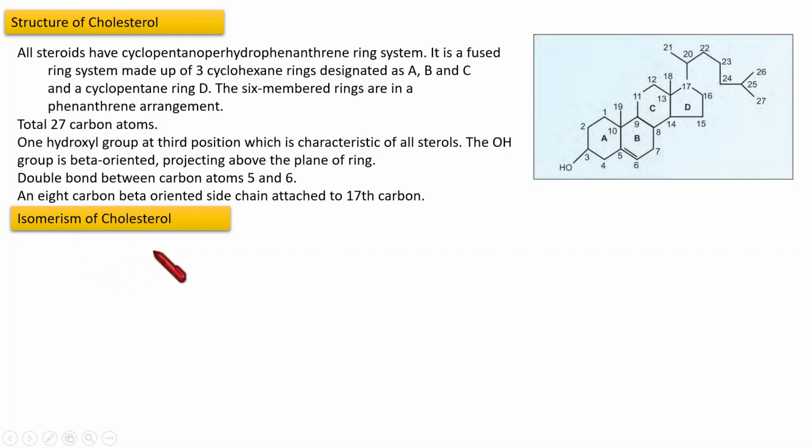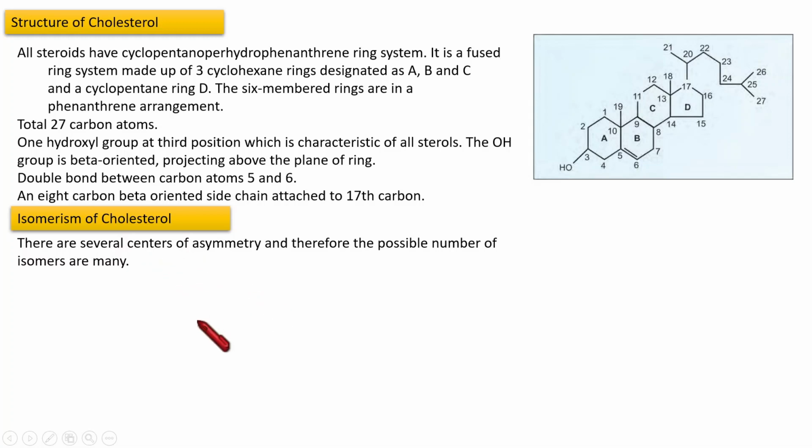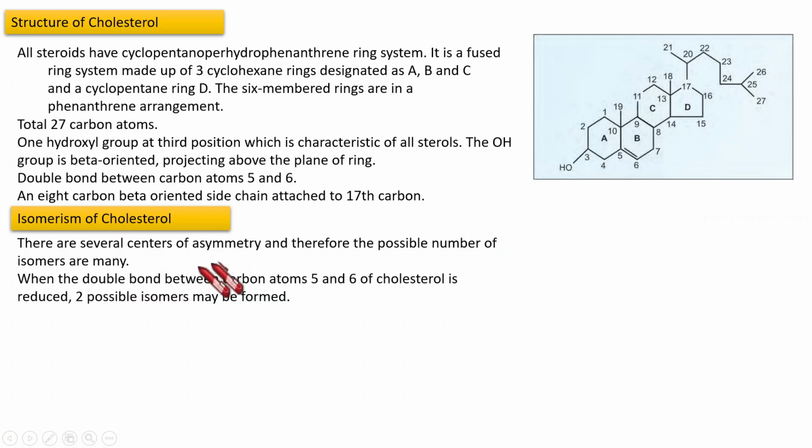That gives isomers. In the structure of this cholesterol, there are so many centers of asymmetry. It is possible to have many different types of isomers, and it is difficult to talk about all the isomers here in this context.